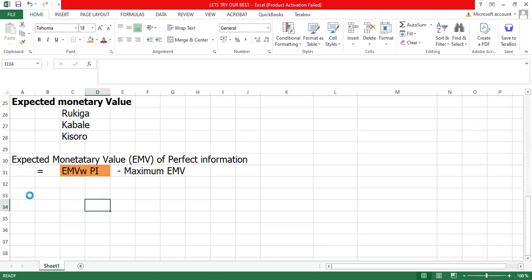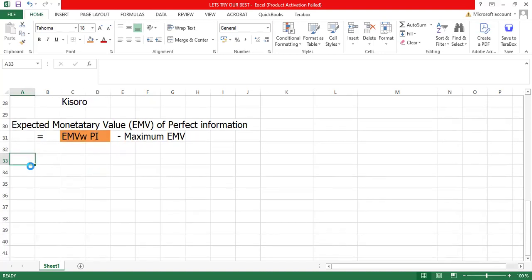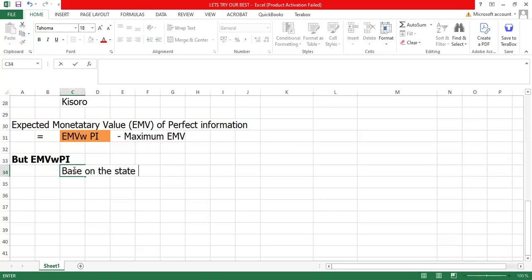So the question is, how do you get the expected monetary value with perfect information? I told you, based on the state of nature.